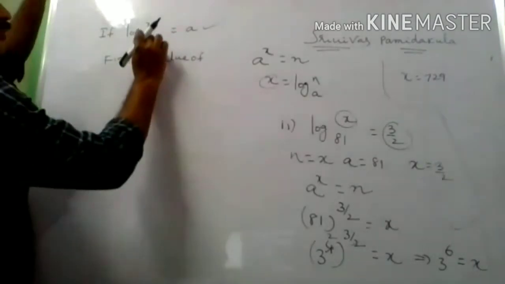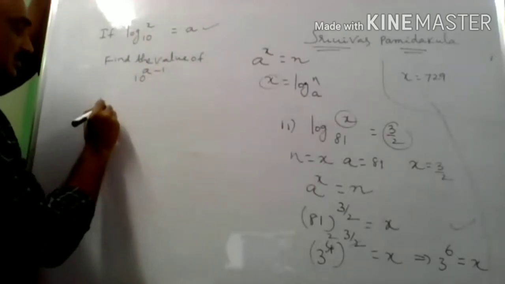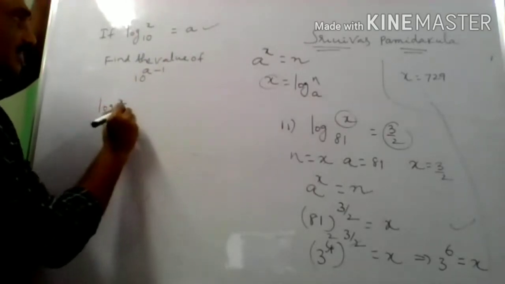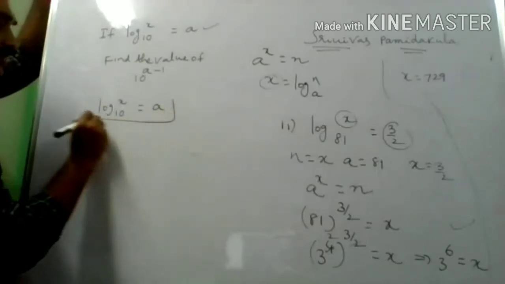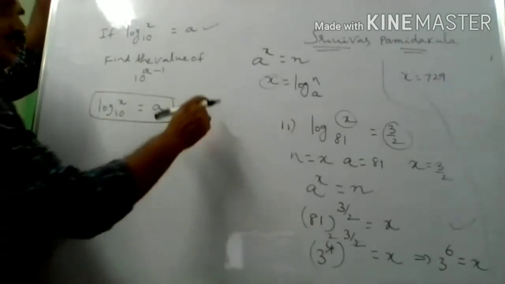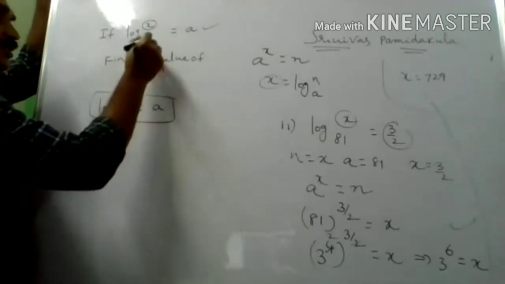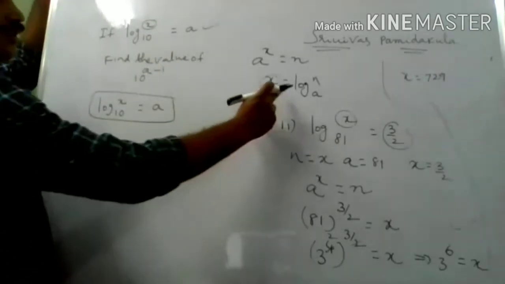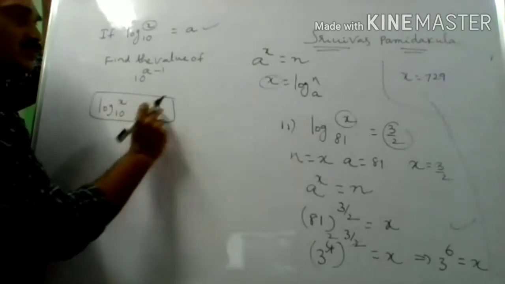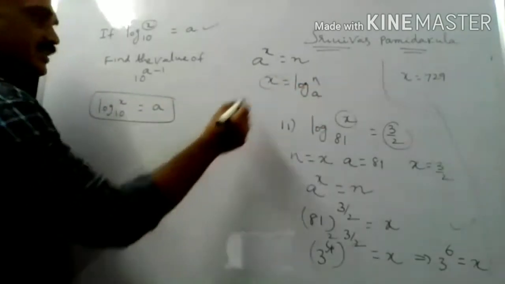Friends, this is logarithm form. Log x to the base 10 is equal to a. Log n to the base a is equal to x.